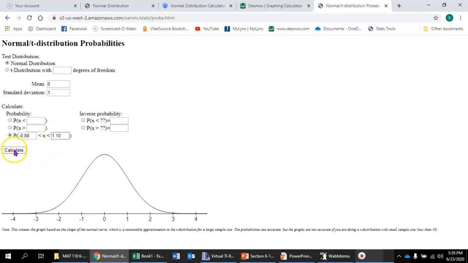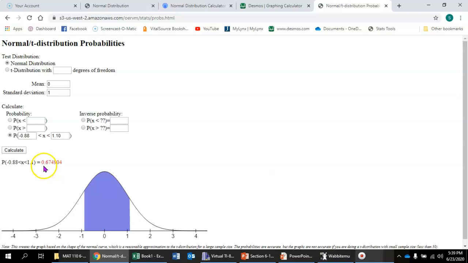And then when I click on calculate, it gives me the answer. It says the probability of, it calls it x, being between negative 0.88 and 1.1 is 0.6749. And it shows me a graph here with the normal curve and the region that we're talking about between where z is negative 0.88 and where z is positive 1.1, shows it that is shaded in.